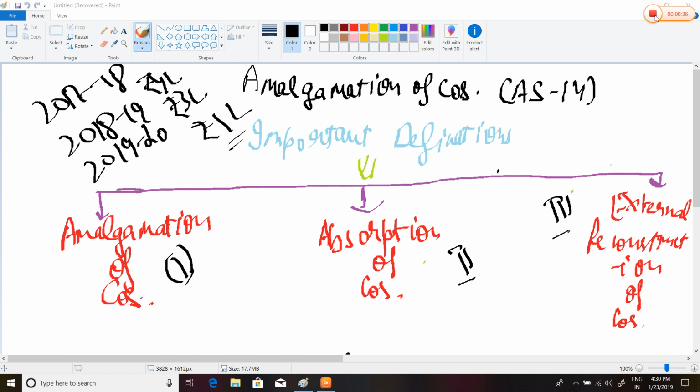Firstly, I want to tell you which books to refer for accounting and financial accounting. It is only the study material and practice manual of the old course.